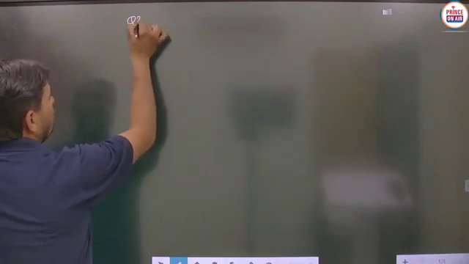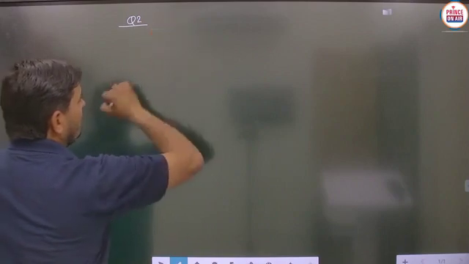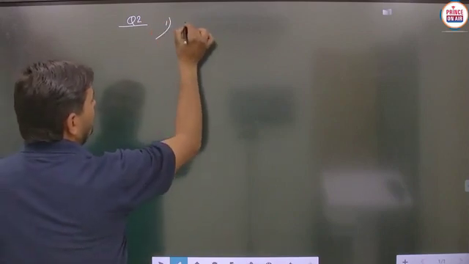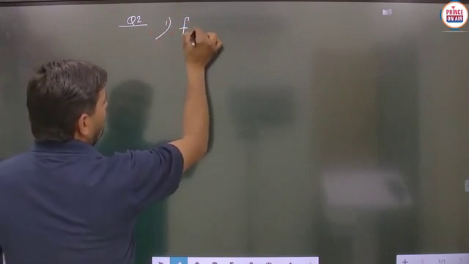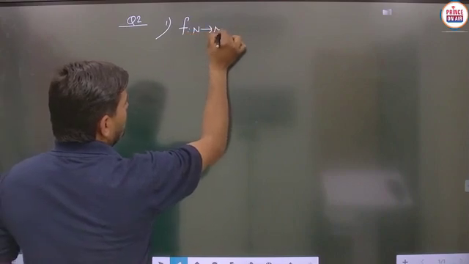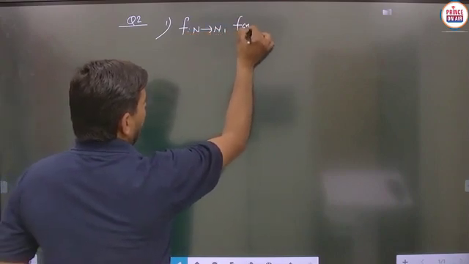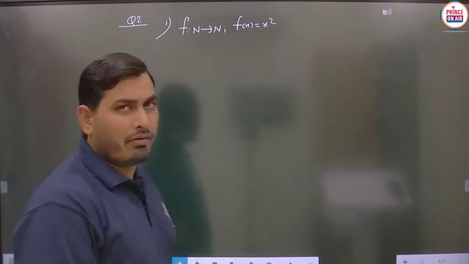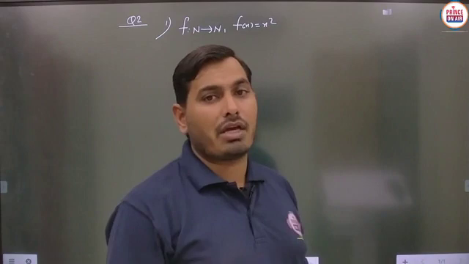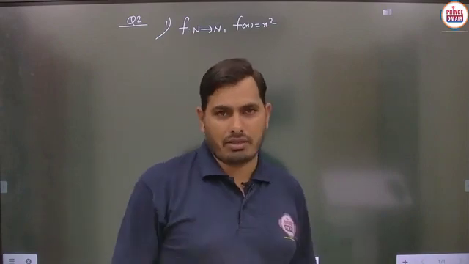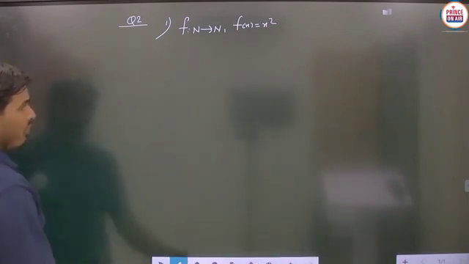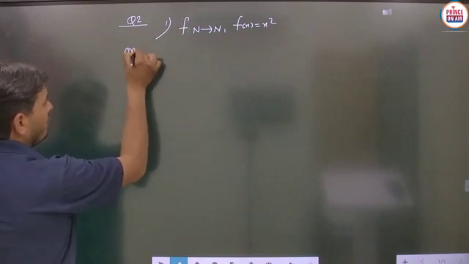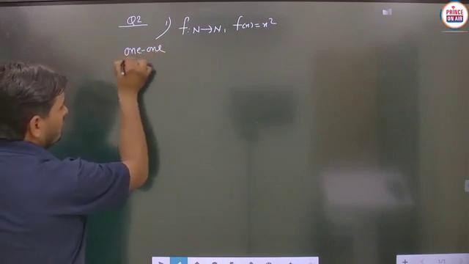In question number 2 of your NCERT exercise, the first part gives a function f from natural numbers to natural numbers, written as f(x) equals x square. Now we have to check the injectivity and surjectivity, means we have to check the one-one case and the onto case. First, we check for one-one.